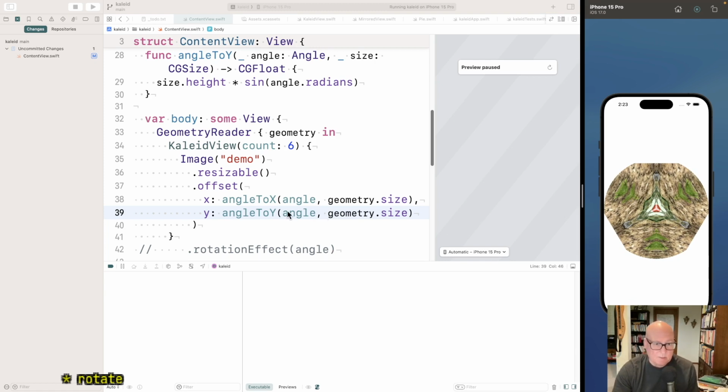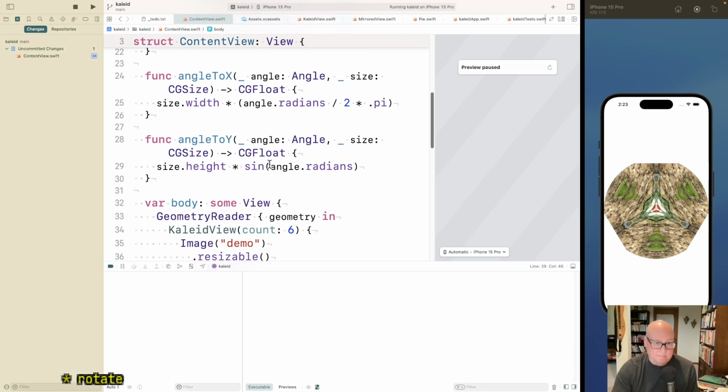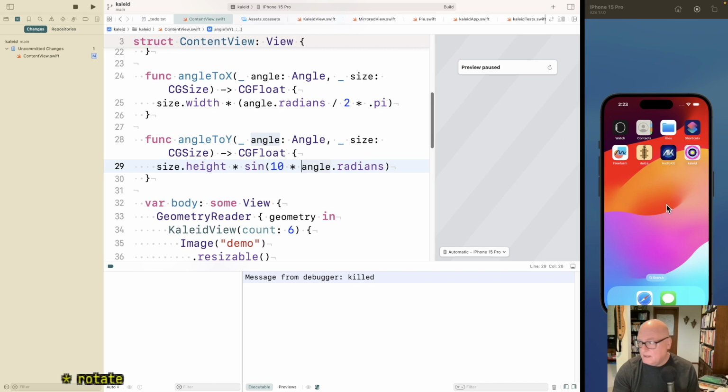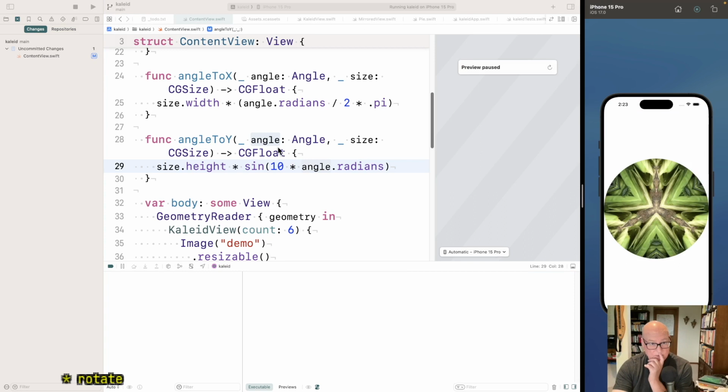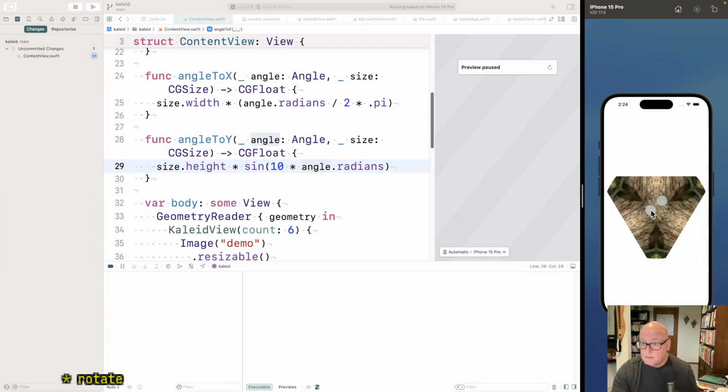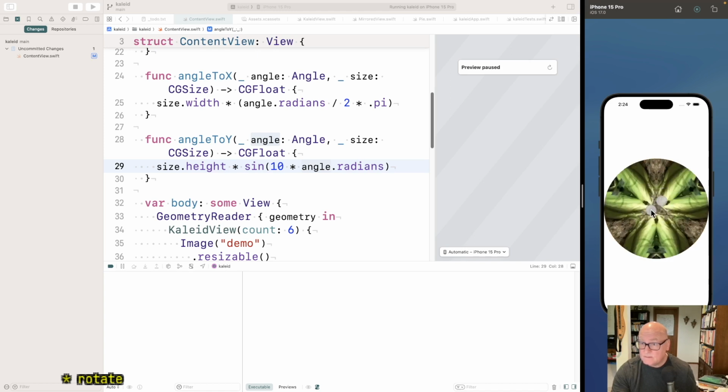Okay, now I'm going to multiply this. Let's do it 10. And I don't know, I'm going to have to figure out the bounds. I mean, this one should always be bounded 0 to 1% of the height, right? So that should be okay. Okay, I'm definitely getting different stuff.